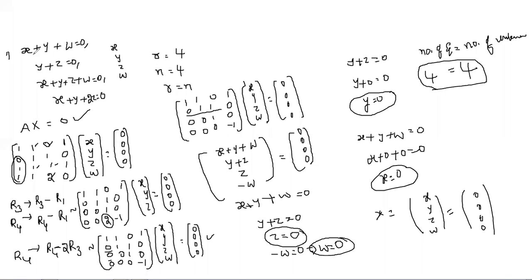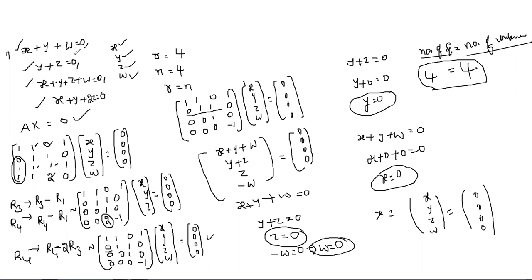So here, how many equations did they give in the problem? 4 equations, and how many unknowns did they give? 4 unknowns. So the number of equations is equal to the number of unknowns. Then what can we say here? Then a trivial solution exists. So just by seeing the equations, without finding the solution, we get an idea.